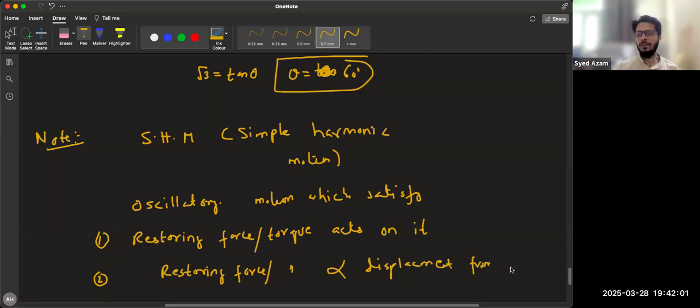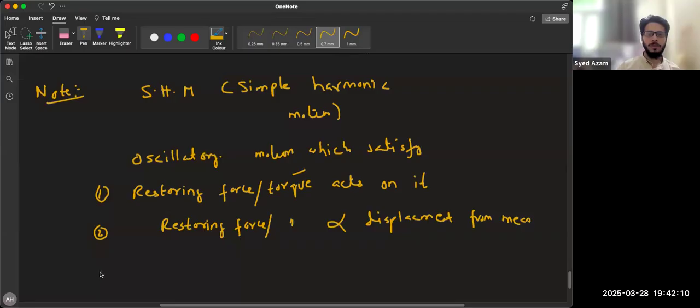If it is linear, then it will be linear displacement. If it is an angular SHM, you are taking torque, then this will be angular displacement. Third condition, the restoring force or restoring torque should be directed towards the mean position.